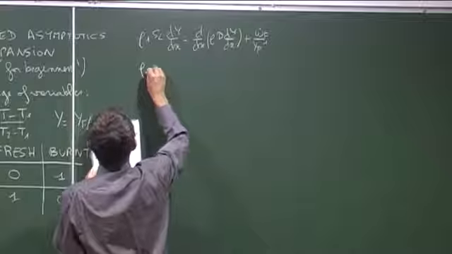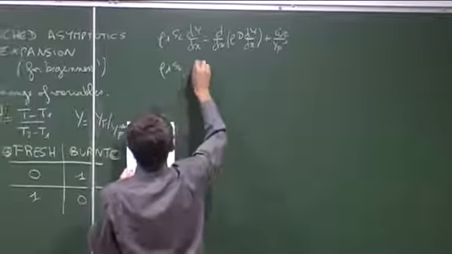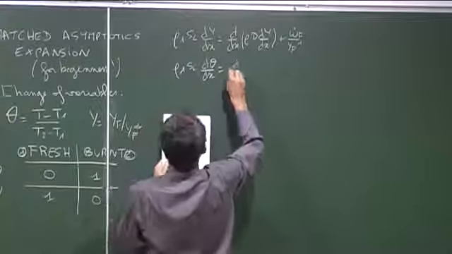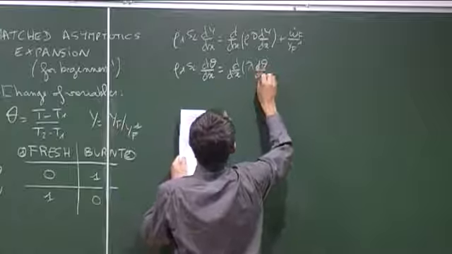And the second equation for temperature will be ρ1 SL Cp. No, this Cp goes away, so dθ/dx equal d/dx of lambda dθ/dx.